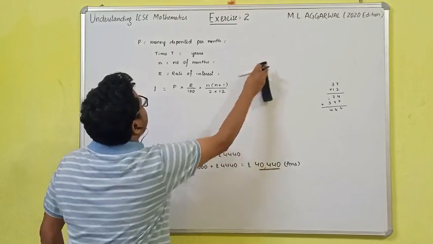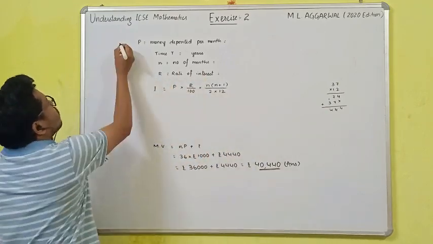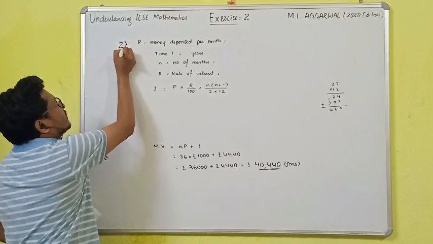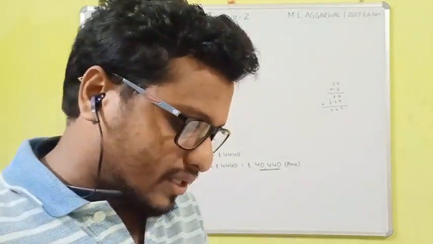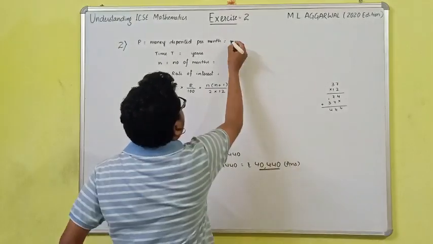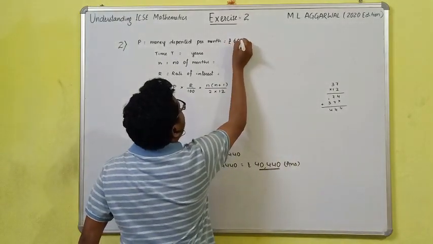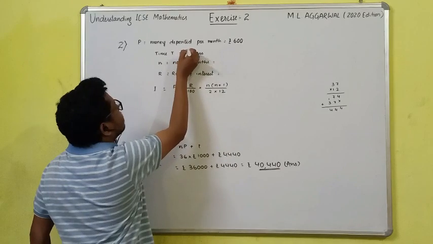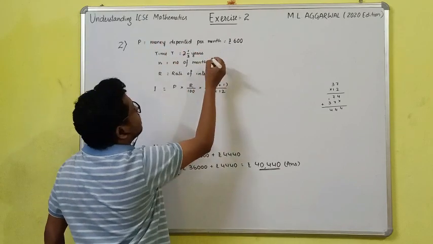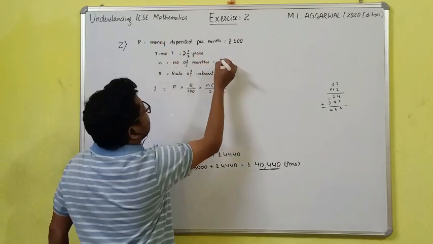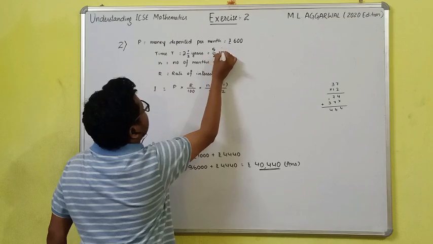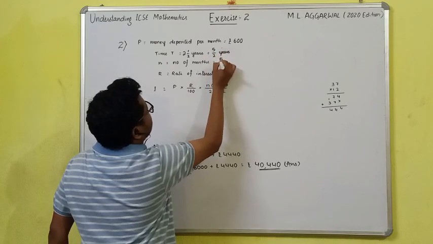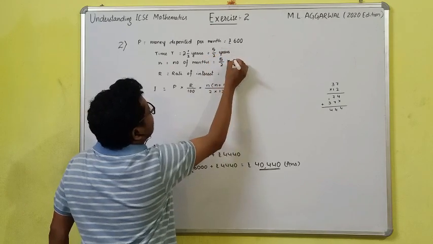Let me write here question number 2. See, money deposited per month is how much? 600. And time is 2.5 years. 2.5 years means, just remember, 5 by 2 years. So now 5 by 2 into 1 year, 12 months.